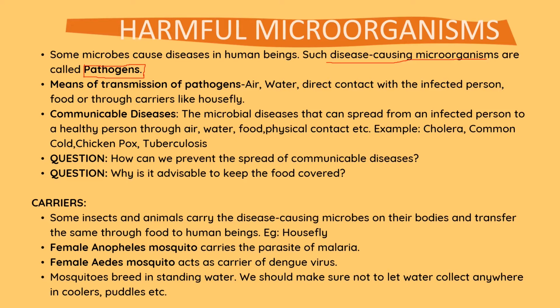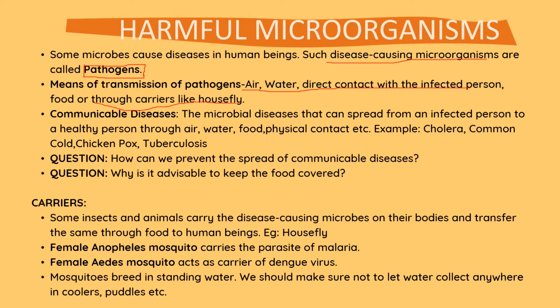They transmit through different means like air, water, direct contact with the infected person, also through carriers of pathogens like housefly. For example, when you cough or sneeze and if you are infected, tiny droplets which come out from your mouth can enter another body through their nose or mouth, and they can cause disease because the pathogen is getting transmitted this way.